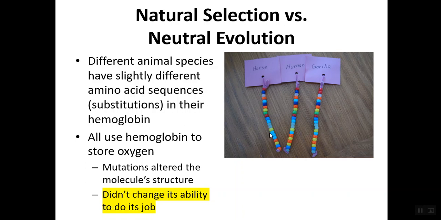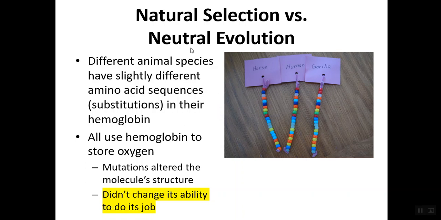Once it appears, it's not selected against, and it easily sneaks into a species and is carried on. So we could look at these neutral mutations to understand how closely related groups are. This is the concept we will talk about in a minute, the molecular clock.